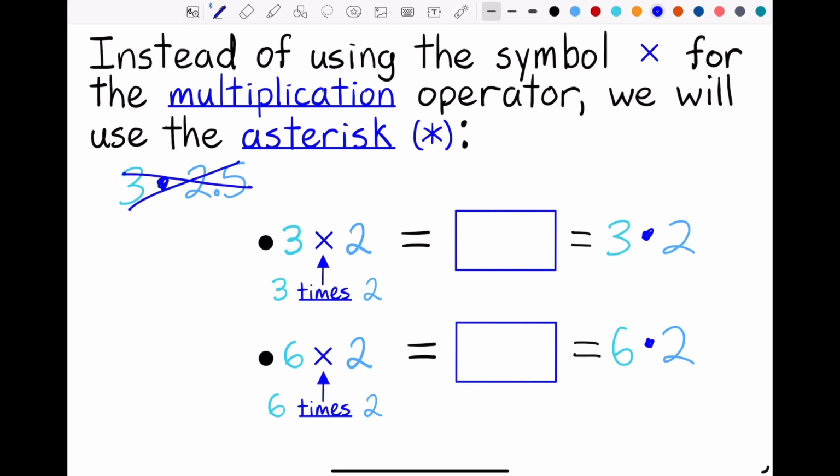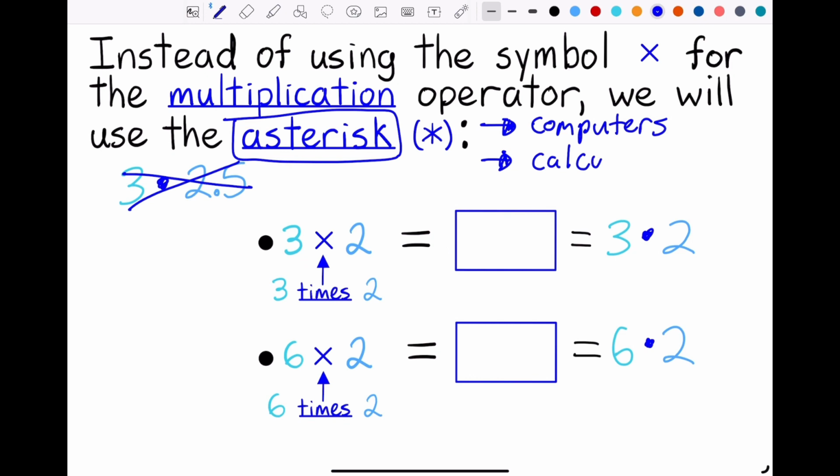So to avoid this confusion even with numbers, we are going to use the asterisk. The asterisk is commonly seen in computers, so a lot of computer programming languages and keyboards have the asterisk. Another common place is the calculator. A lot of calculators still use the asterisk to display multiplication.